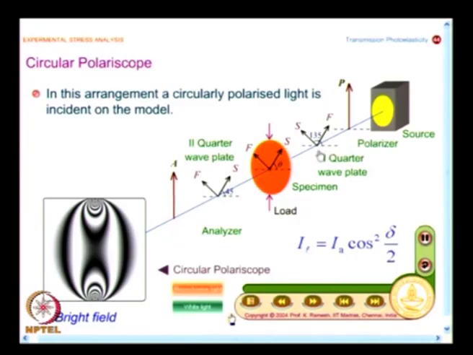What I have in the first quarter wave plate and the second quarter wave plate are aligned such that the slow axis of the second quarter wave plate is perpendicular to the slow axis of the first quarter wave plate, and I have the polarizer, and what I see here is that if I keep the analyzer parallel to the polarizer, then I have the background as bright.